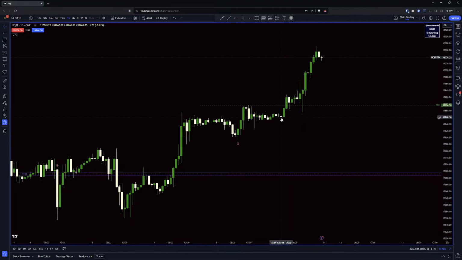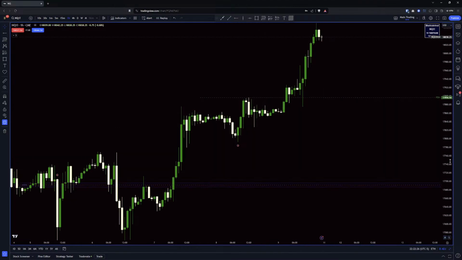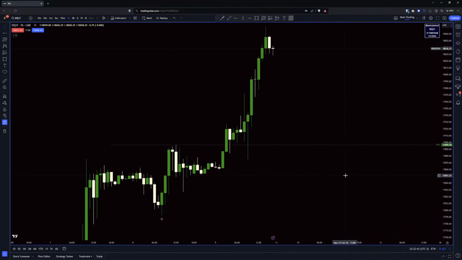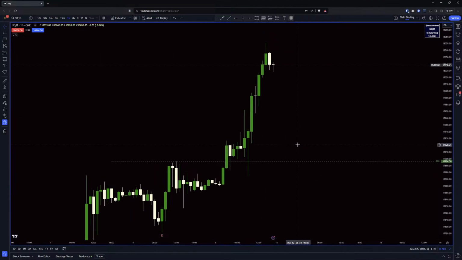If London had made a move lower, that would be clear and obvious manipulation. So we could measure the accumulation here and try to see if it aligns with the manipulation move, and then wait for that manipulation move to change, a change in state of delivery, a market structure shift, whatever you want to do. And then take the last leg of that manipulation phase and try to project the expansion, the distribution phase.